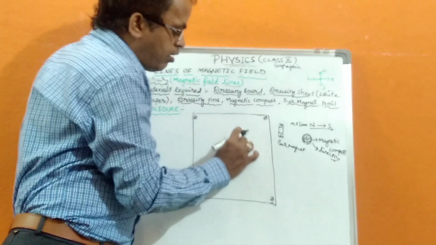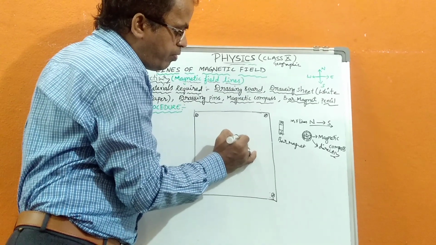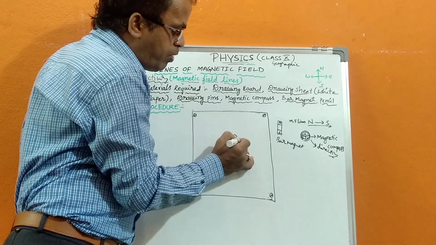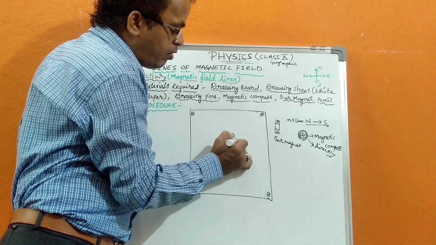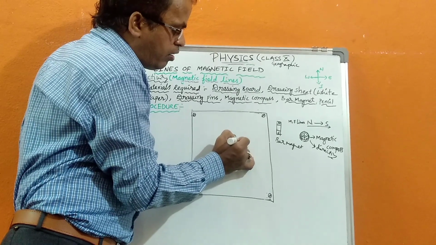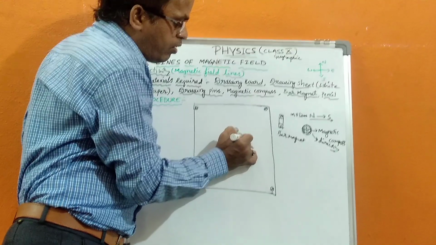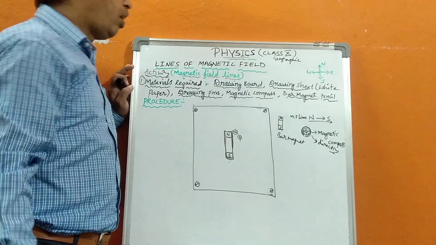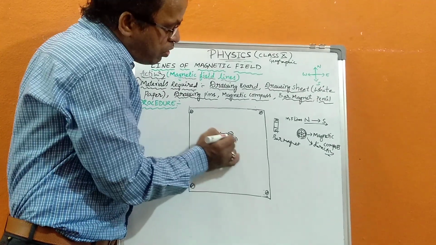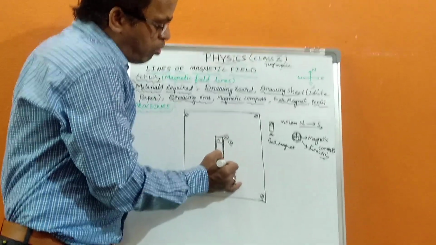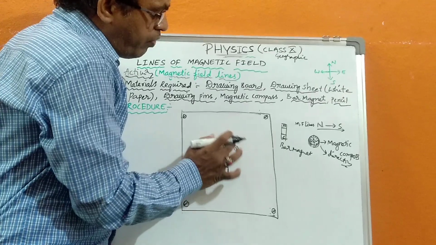Again we remove the magnetic compass and place it here, and again it deflects and shows the north direction. So put the dot with pencil and continue this up to the south pole and join this.